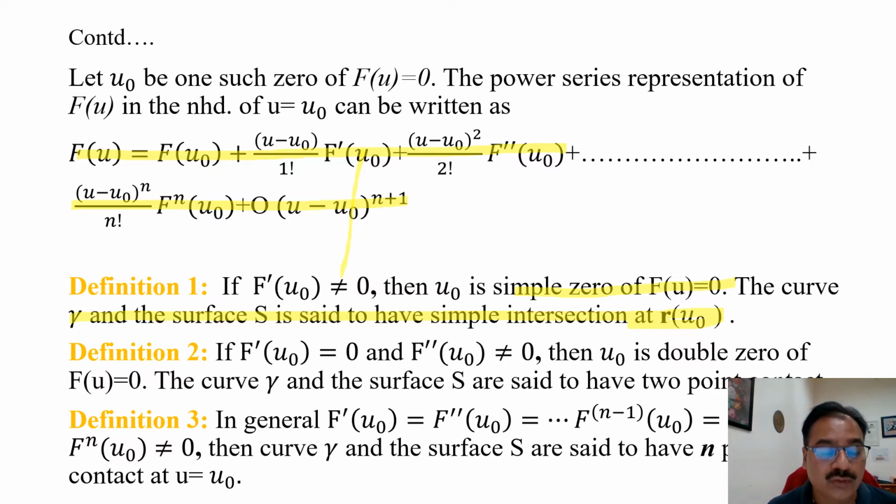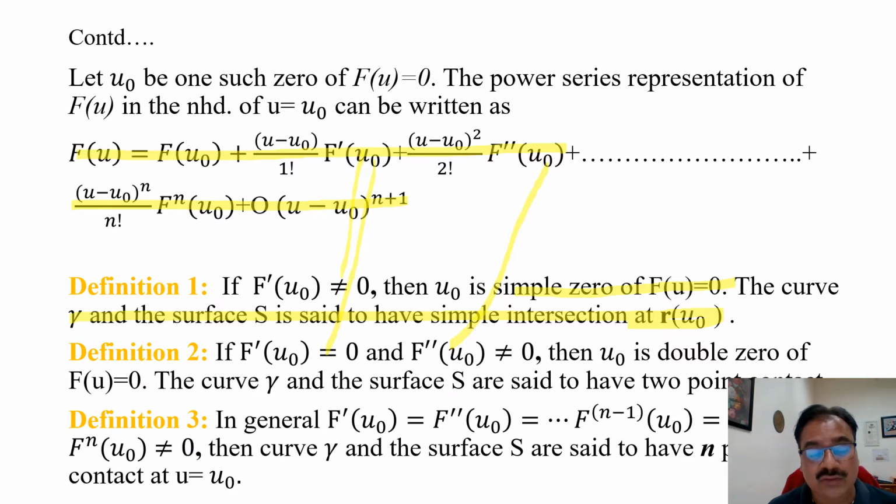And definition 2: if f'(u naught) is 0, but f''(u naught) is not 0, then u naught is a double zero of f(u) = 0, and it means the curve gamma and the surface S are said to have 2-point contact. But what is the third definition?